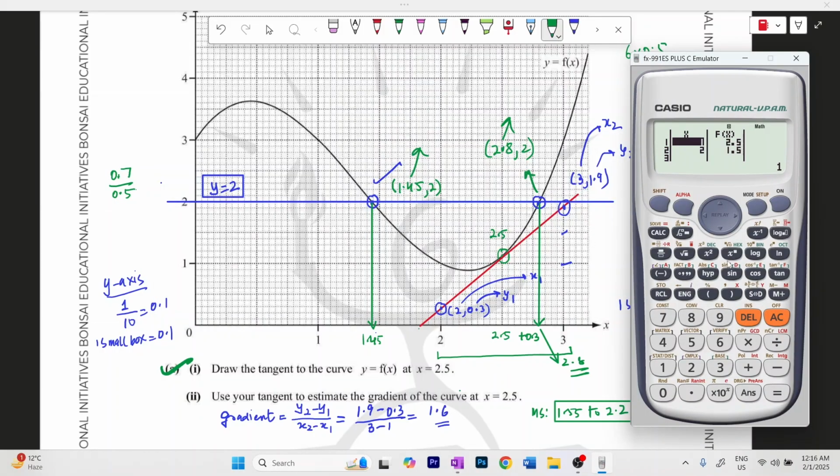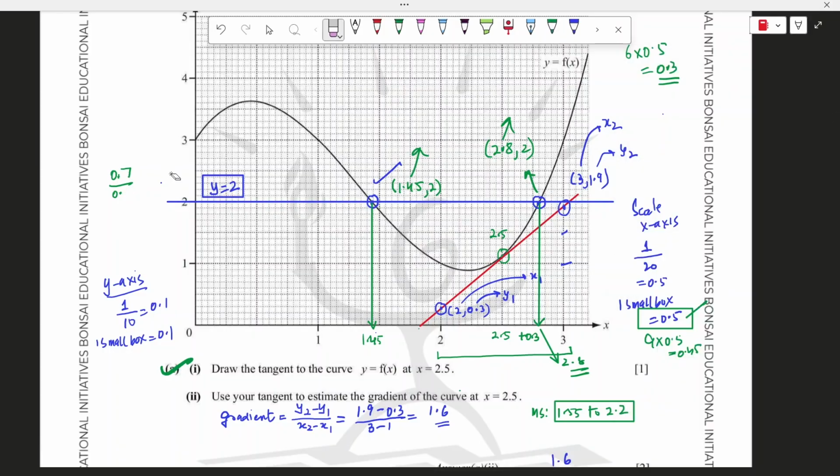So 0.7 divide by 0.05. There are 14 small boxes. That's, I made a mistake here, I think. It is 0.05. Okay, we are looking at x-axis.